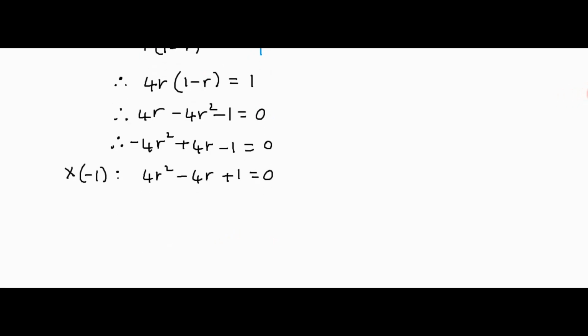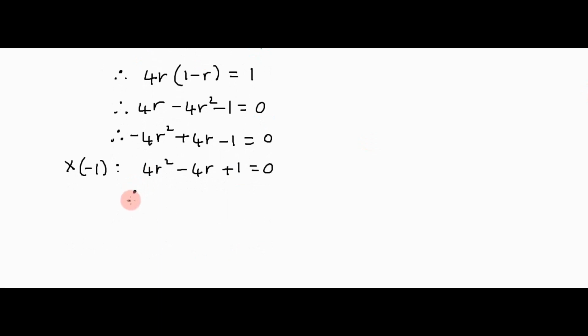It's actually a perfect square. So we take the square root of the first term, this sign, and the square root of the third term, and this is all squared, equal to 0. And in solving for r, 2r minus 1 is 0, so r is equal to 1/2.